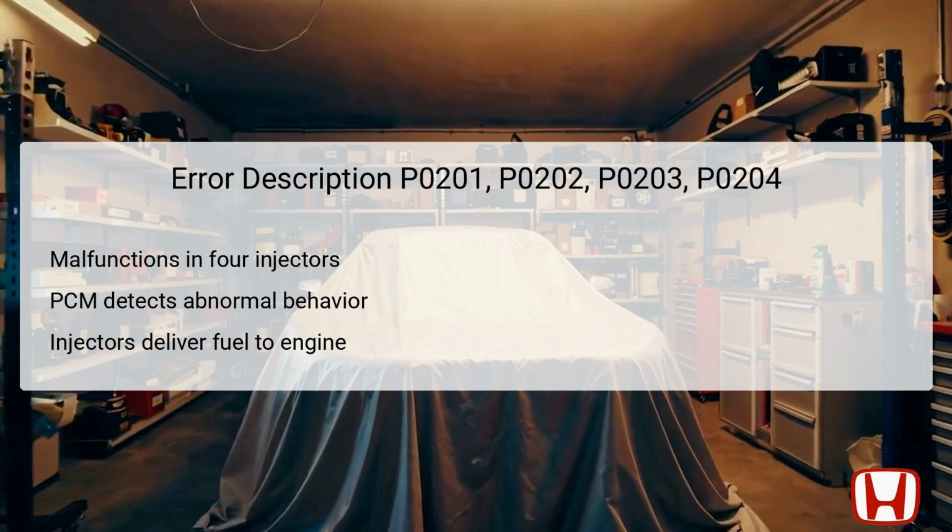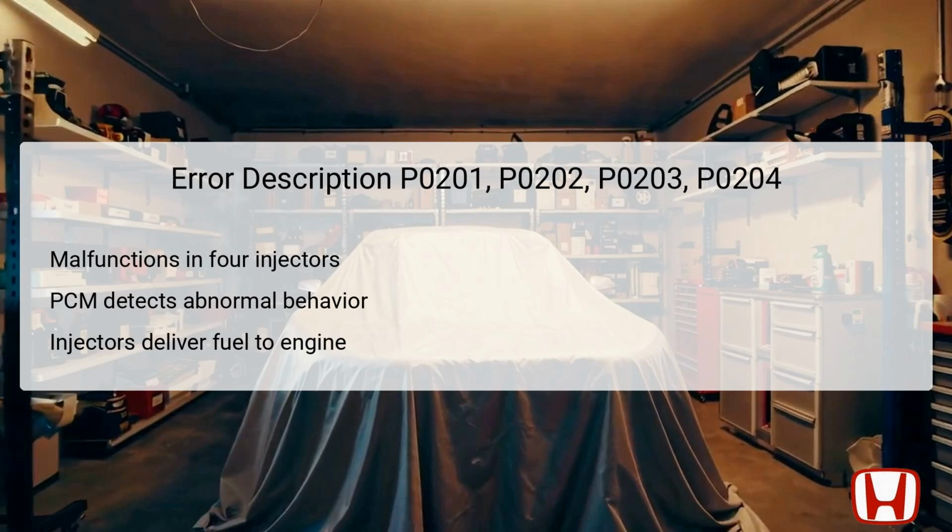The PCM, or Powertrain Control Module, plays a crucial role in monitoring the functionality of each injector through control signals emitted from the engine controller. If an injector fails to respond to these signals as expected, the PCM logs a DTC for further investigation.